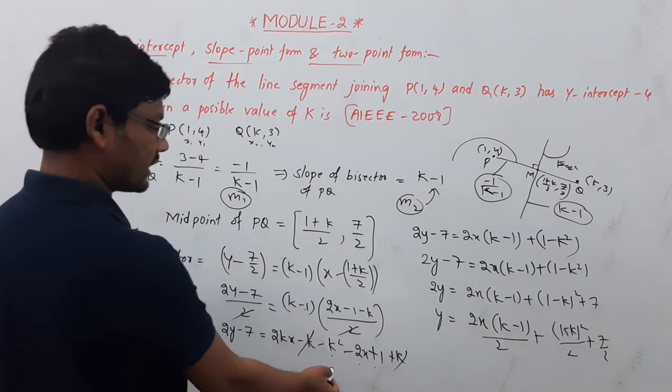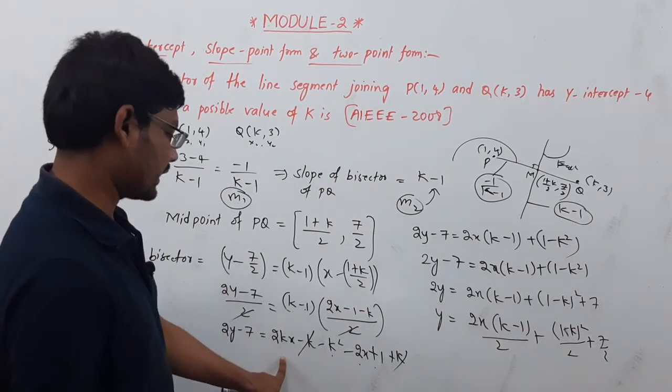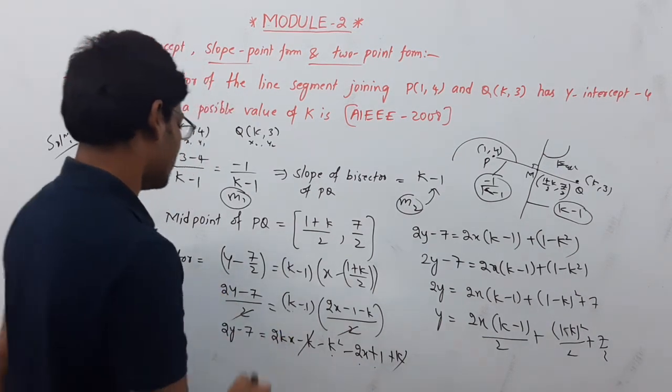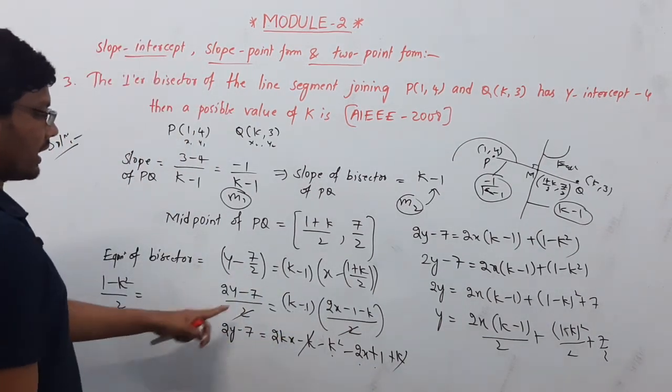If you take 2x as common, (k minus 1), and the remaining terms k minus k square plus 1, here 7 by 2 minus 2.